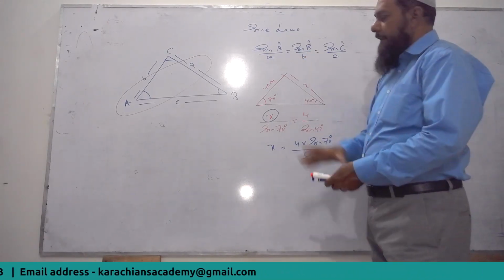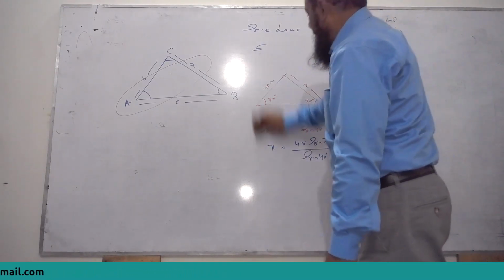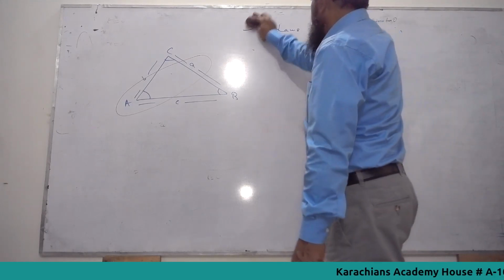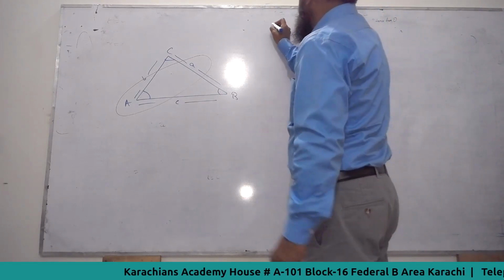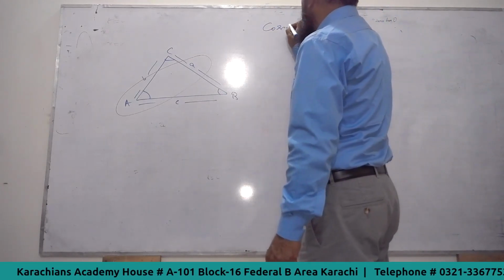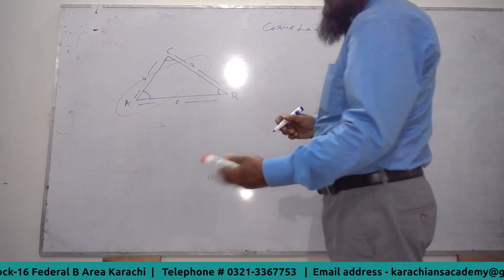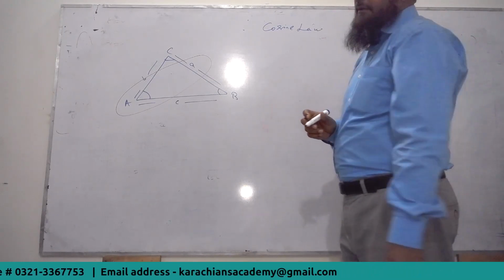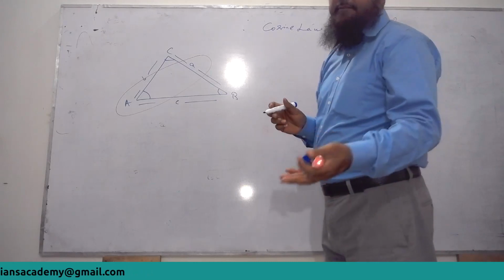So now I discuss another formula that is called the cosine law. In the cosine law, again we discuss the same triangle, but the formula is different. When we were discussing the sine law, there were two sides and two opposite angles, but over here we will discuss three sides and one angle.